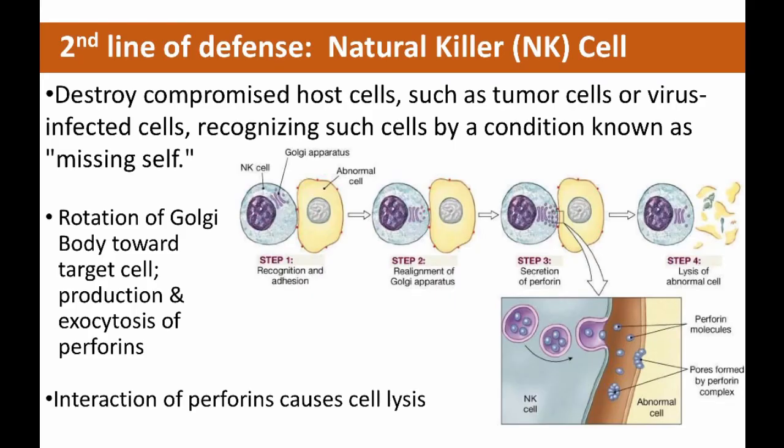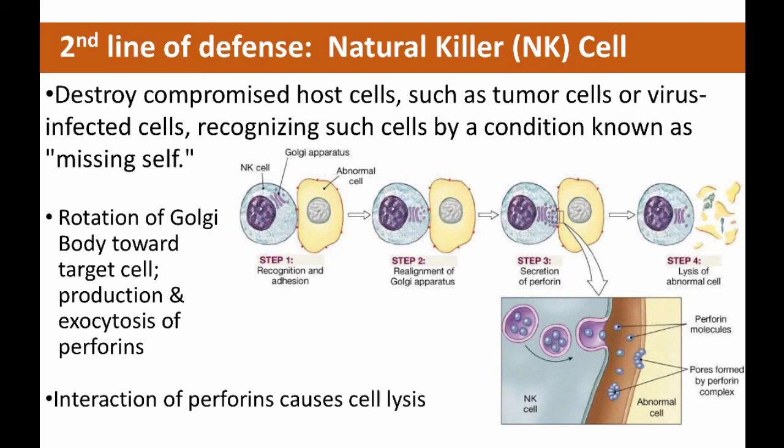All right, so finally, we're going to talk about natural killer cells. They are from the lymphoid line, but they're different than cytotoxic T cells. Natural killer cells have a way of recognizing virally infected cells or tumor cells.